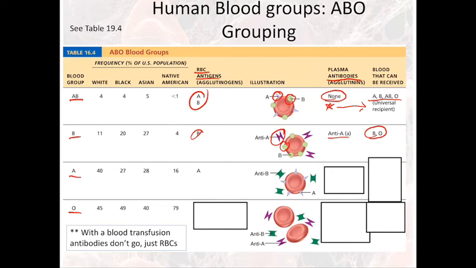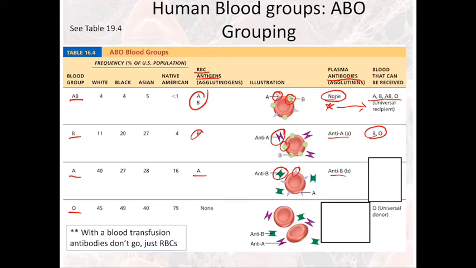A-type blood obviously has A antigens shown here, and then it has the anti-B antibodies, shown there, and so they can receive any type of blood except for the B type.